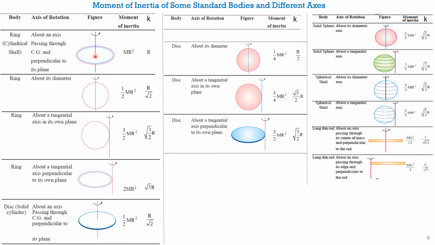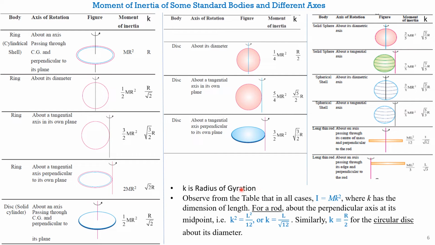It is passing through the center, or about its diameter, or about its tangential axis perpendicular to its own plane, and different cases are given here, and the moment of inertia is also given.